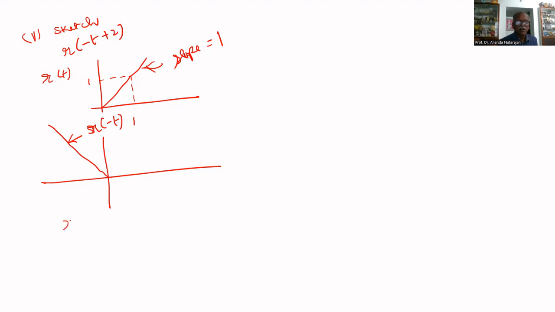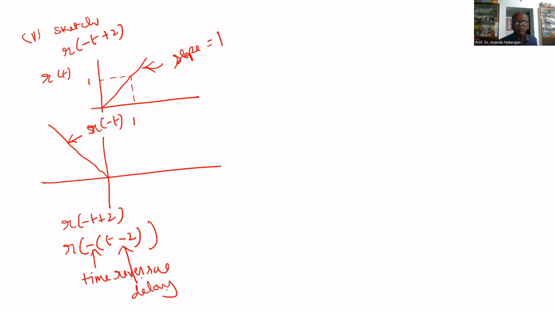Now we have to find r of minus t plus 2. We'll write it as r of minus of t minus 2. This minus indicates time reversal. This minus 2 indicates delay. Delay means it should start at 2 instead of 0.